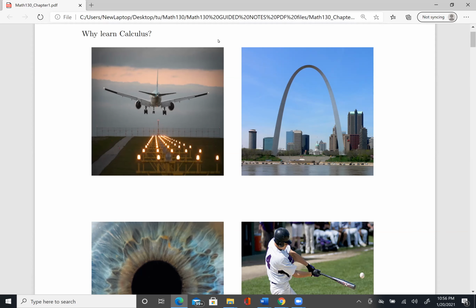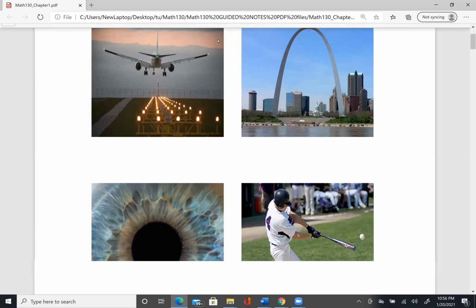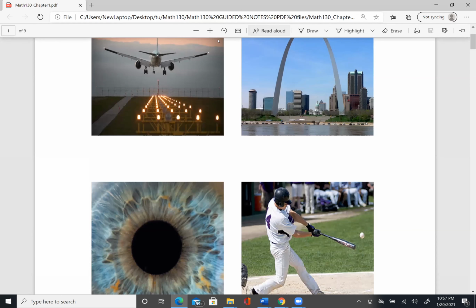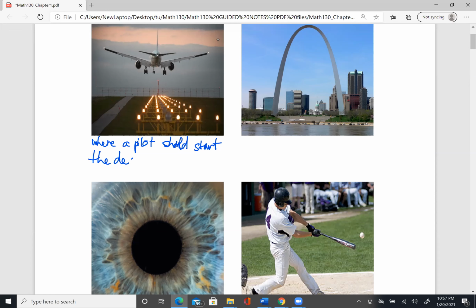As you see in these pictures, we learn calculus in order to determine where a pilot should start the descent for a smooth landing.